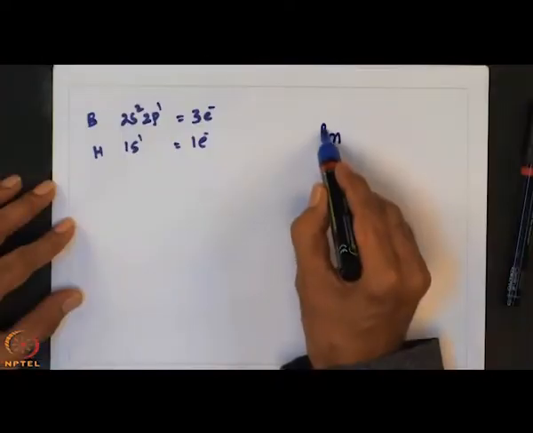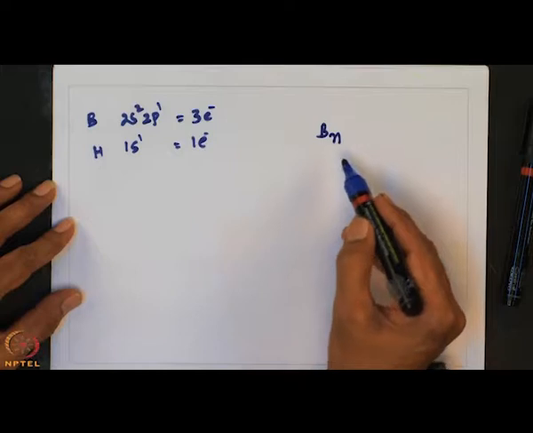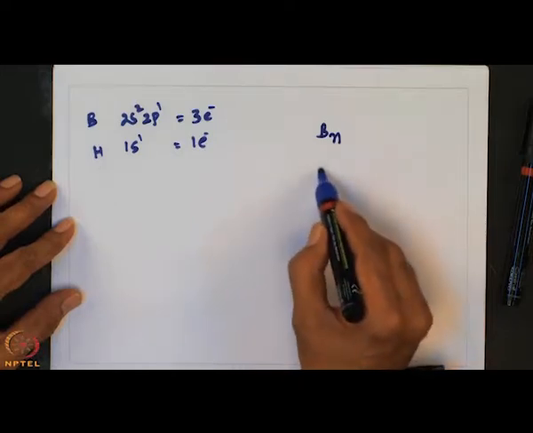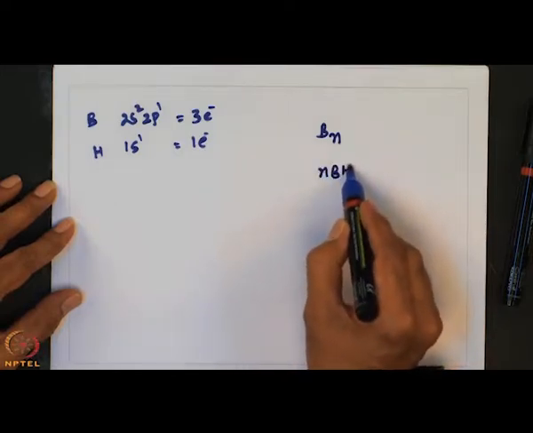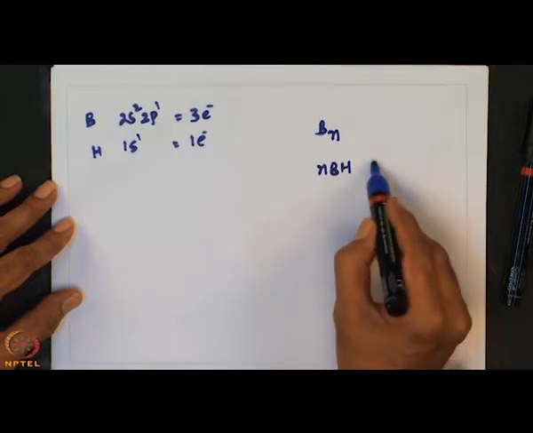After totaling all the valence electrons coming from boron as well as hydrogen, we have to subtract 2 electrons for each BH bond. For example, in a Bn polyhydride, we will have n BH terminal bonds, each involving 2 electrons.